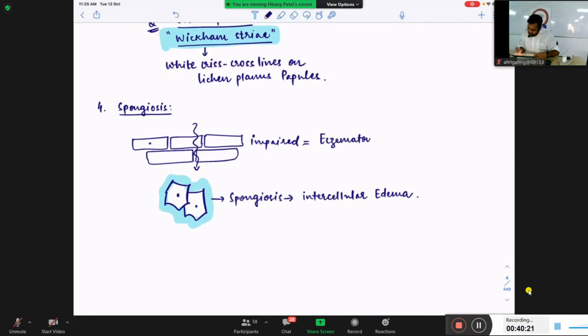Barrier is impaired in eczematous dermatitis, so do not get confused. This eczematous dermatitis is also known as atopic dermatitis. Now, the term is being used for the same disease, eczema or atopic dermatitis.